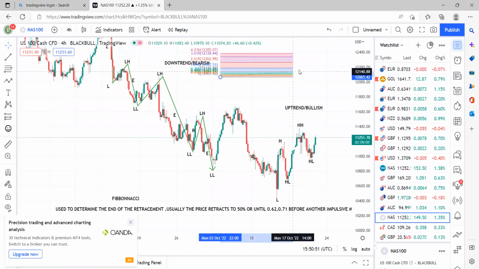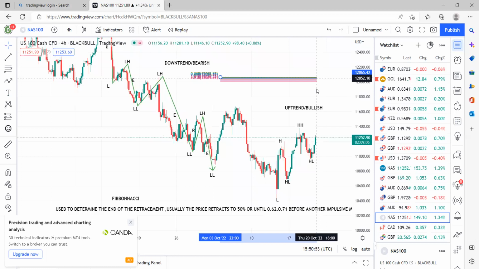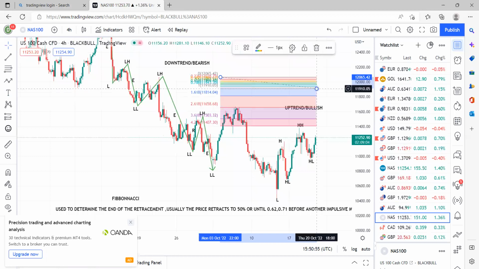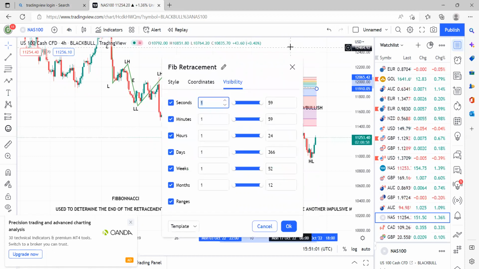Expand it down. Settings. Then go to settings, and then go to style.